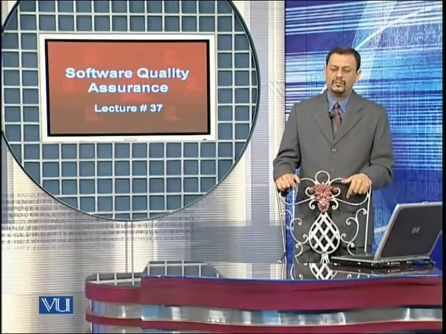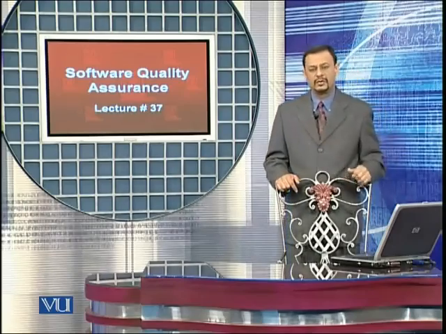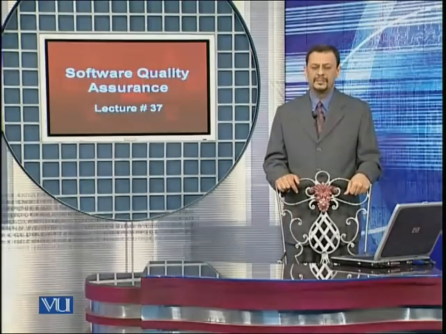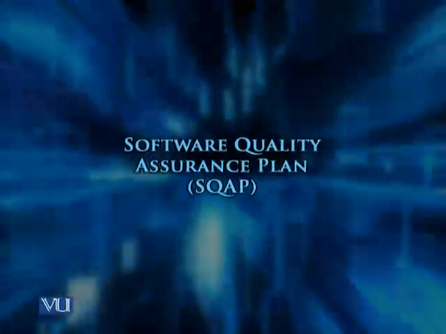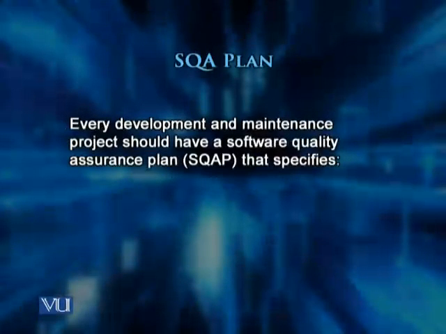Now, we will move on to the next topic of our lecture today, and that is the software quality assurance plan. Every development and maintenance project should have a software quality assurance plan, also called the SQA plan.